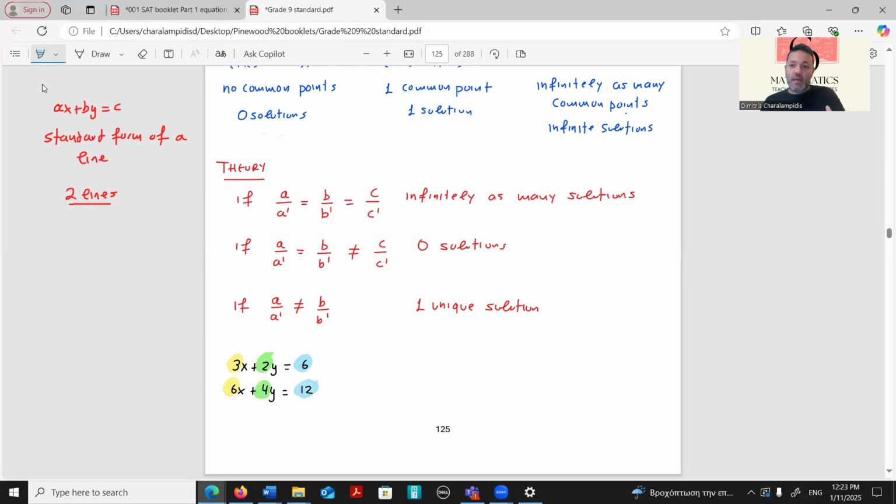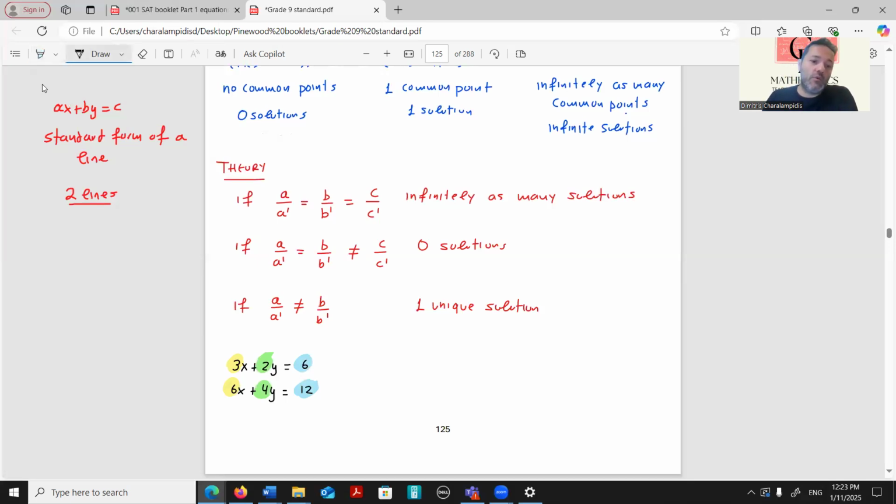Look, we can either keep the numbers of the first one over the numbers of the second one, or vice versa. What seems easier to us? Here, for me, it seems easier to do the numbers of the second one, of the one below, over the numbers of the top one.